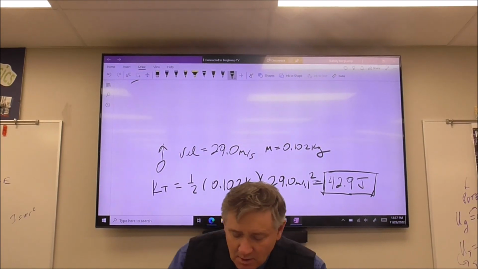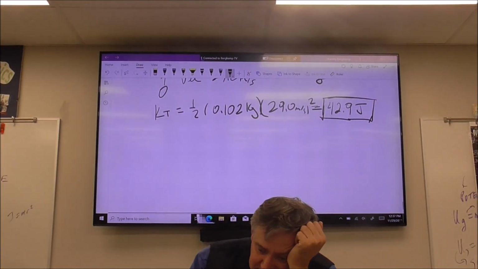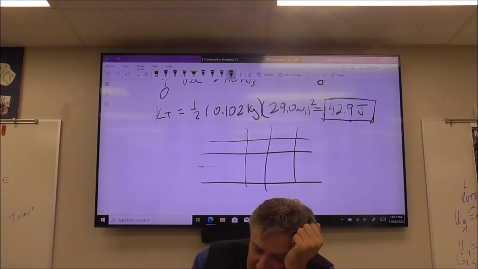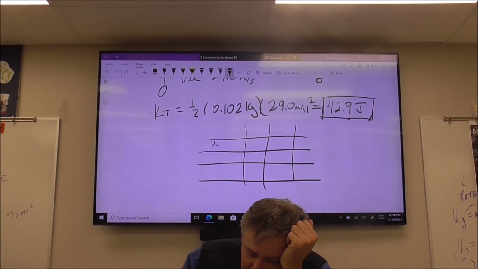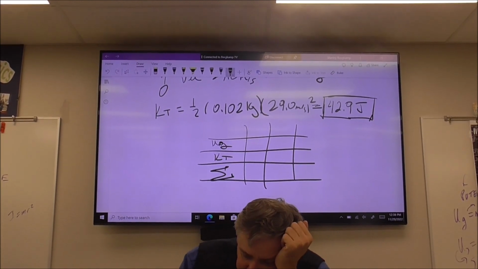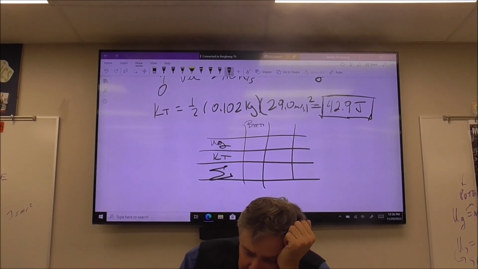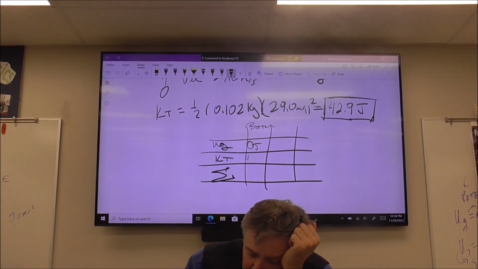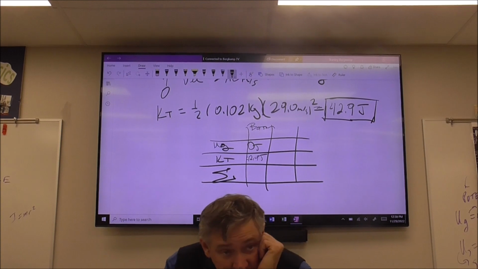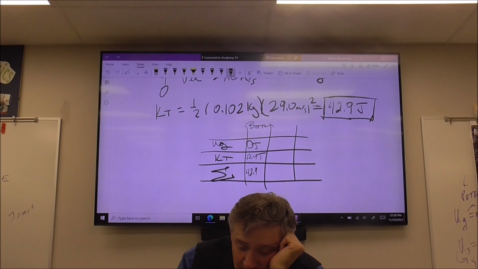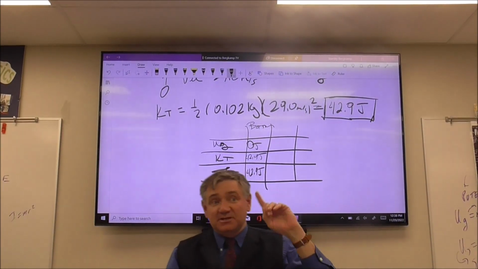Okay, so what we're going to do now is set up a chart. And the sooner you embrace this idea of charts, the better off you're going to be. So we can have UG, we can have KE, we can have the sum. At the bottom, we have no UG. We've got 42.9 joules of kinetic energy, so the sum has to be 42.9 joules. Now that's the magic number.